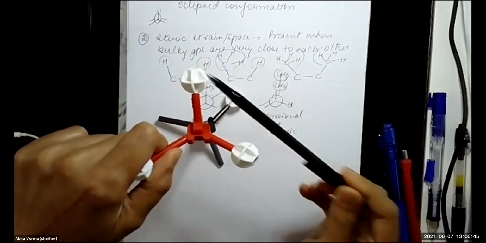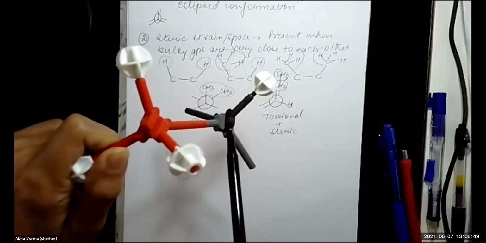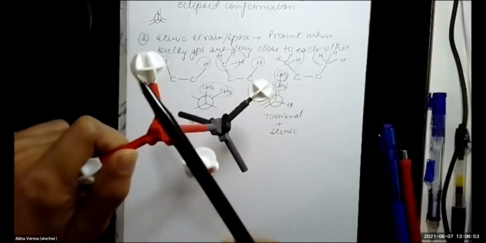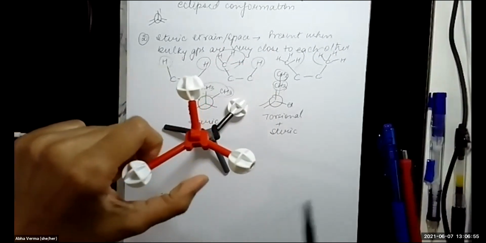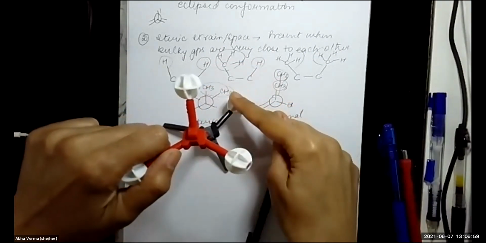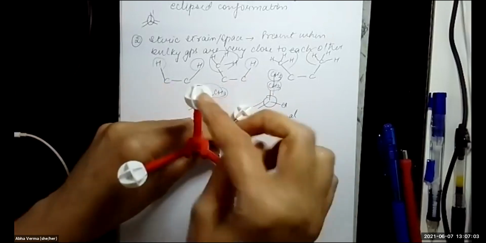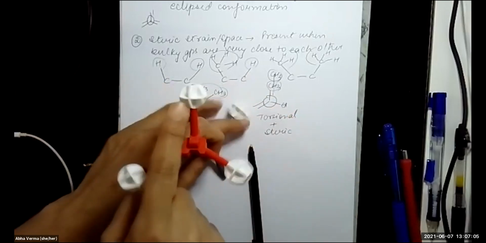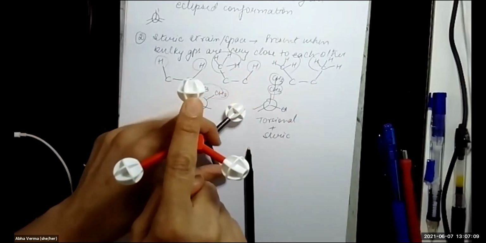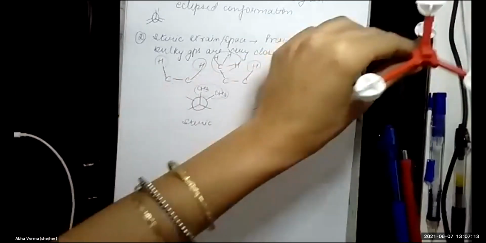One atom, second atom, third atom, and my fourth atom. These four atoms are at a 60-degree angle. So these two are gauche to each other. What about these two on the same carbon? We are not looking at the same carbon groups. We are looking at the groups of the front carbon and the back carbon.